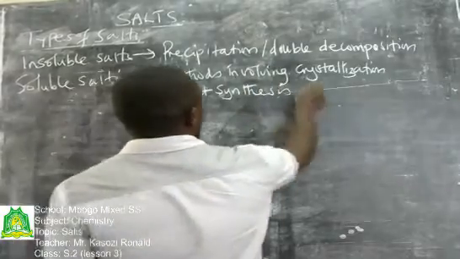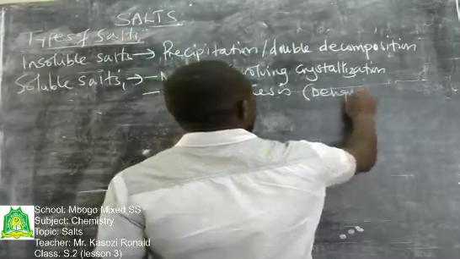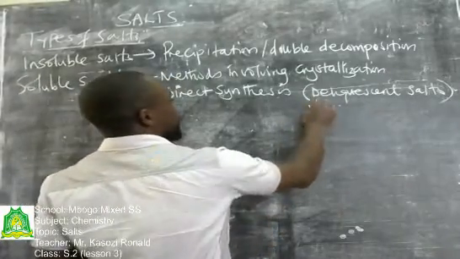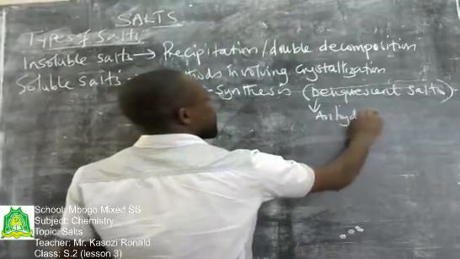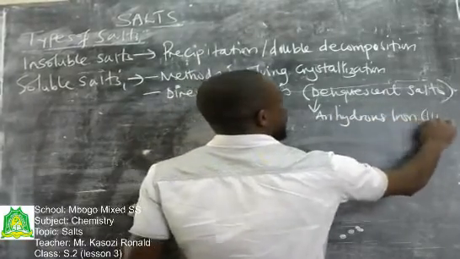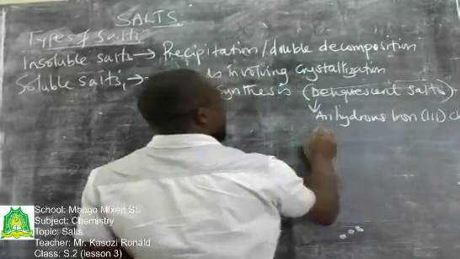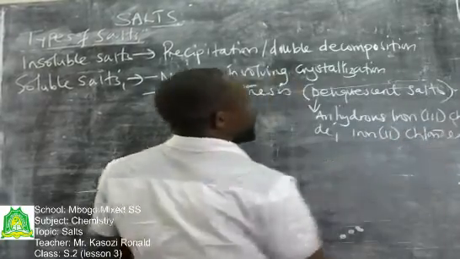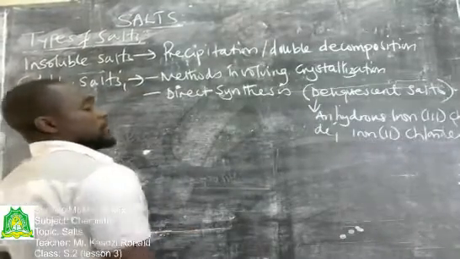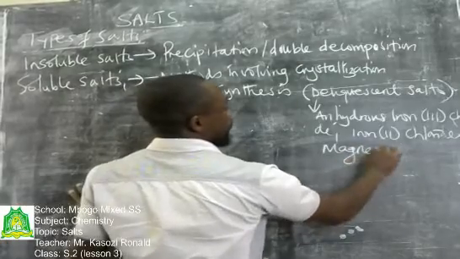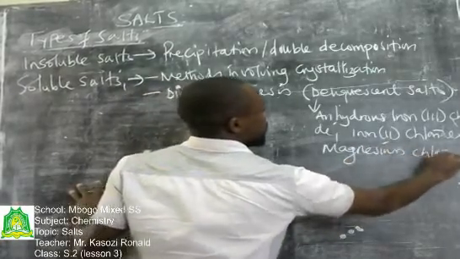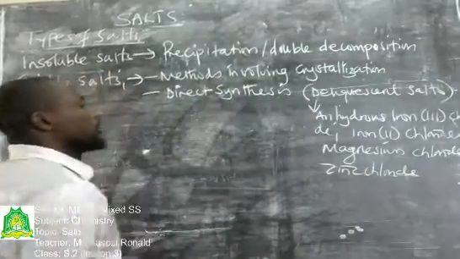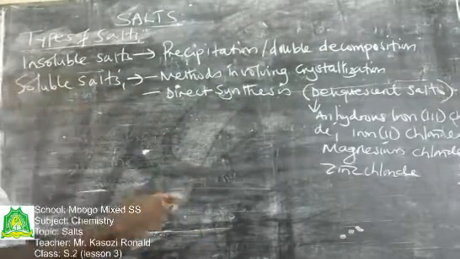Direct synthesis works for the liquescent salts, such as anhydrous iron(III) chloride, iron(II) chloride, magnesium chloride, and zinc chloride, which can be obtained directly by heating, the direct combination of elements.